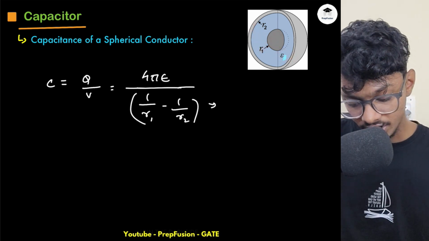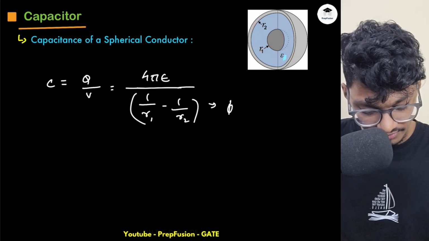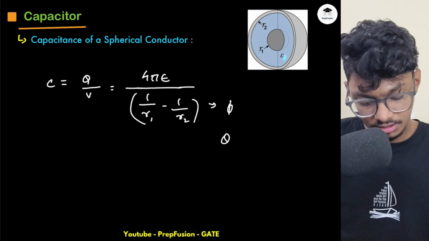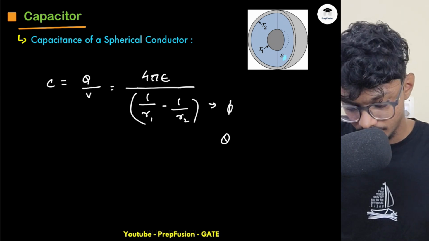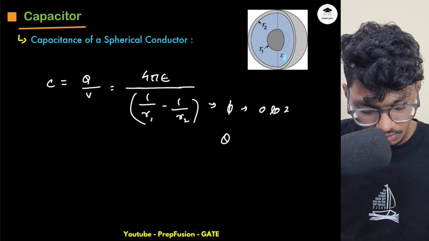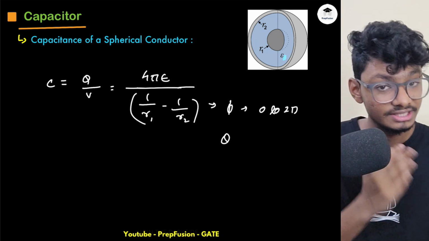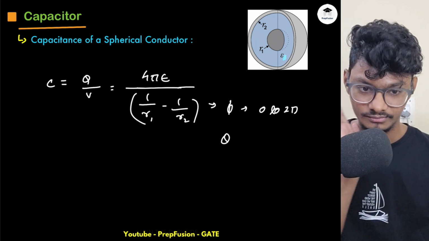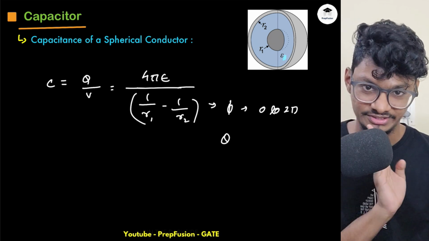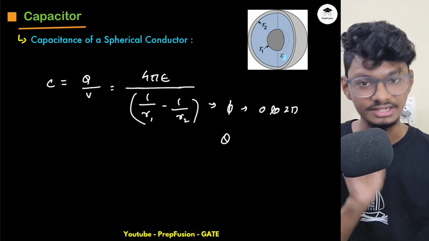So what are the other two components that can vary? Phi can vary and theta can vary. Now can you tell me what are the limits of phi? Limits of phi is from 0 to 2 pi. Why am I saying all this? Just to explain to you how to remember the expression for series and parallel combination. That's it, nothing else.